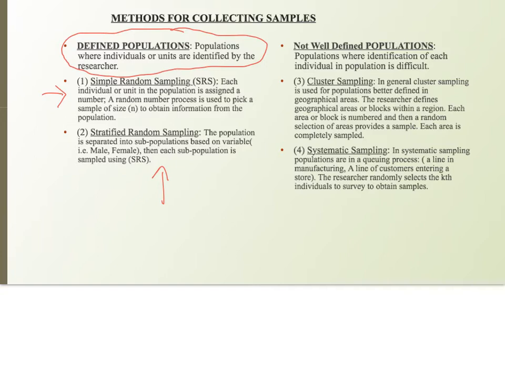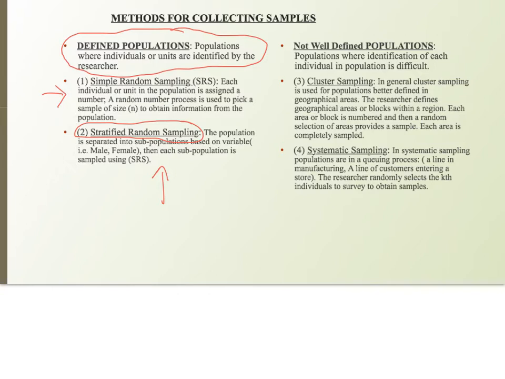So in this case, for example, if the researcher was studying the heights of populations, he would want to separate that population by gender, male and female, so that he could accurately describe the average height of the male population versus the female population. So in that case, he would definitely use what we call a stratified random sampling.